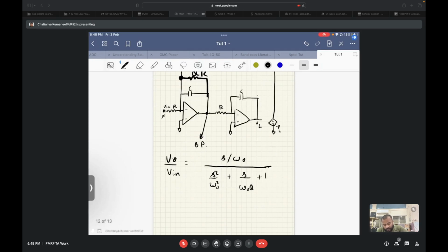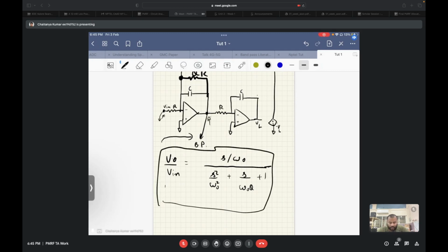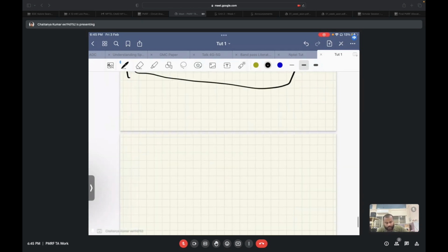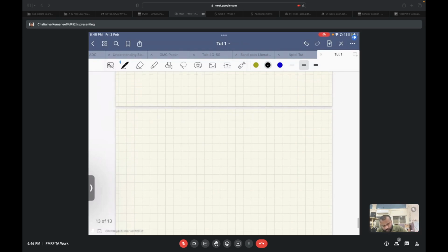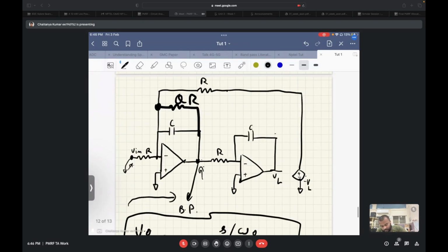So you can do the math and try to find the forward transfer function. We will use the reciprocity theorem and show that we can get this same transfer function by injecting the current here and getting the output current here in an adjoint network. So first of all, let's try to write the adjoint network of this circuit. So what we will have is we will copy the circuit over here.